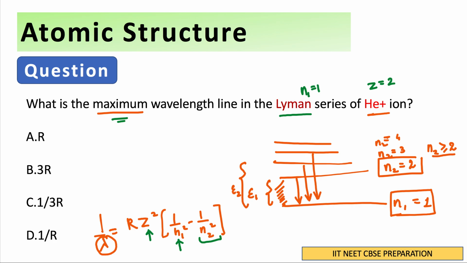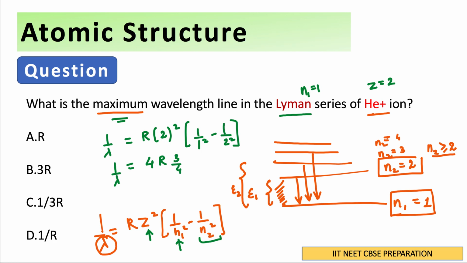So it's going to be 1 by lambda is equal to R into Z square. Z is equal to 2, so it will be 2 square, into (1 upon 1 square minus 1 upon 2 square), right? So 1 by lambda is equal to 4 into R into (1 minus 1 by 4). Here 1 minus 1 by 4 is 3 by 4.